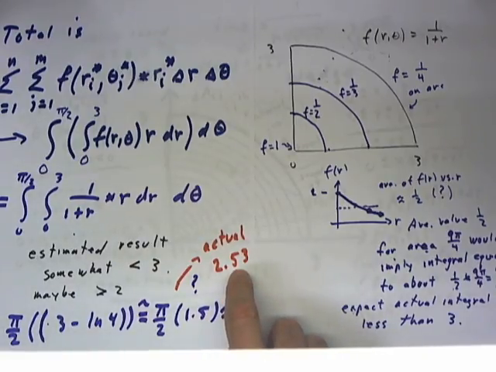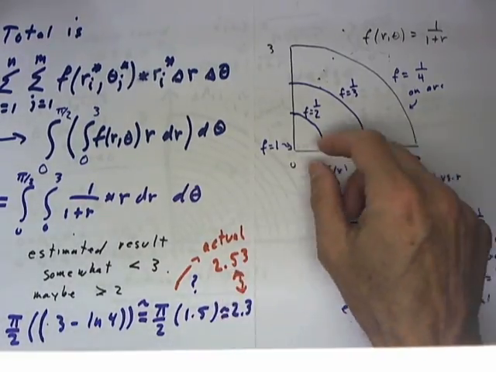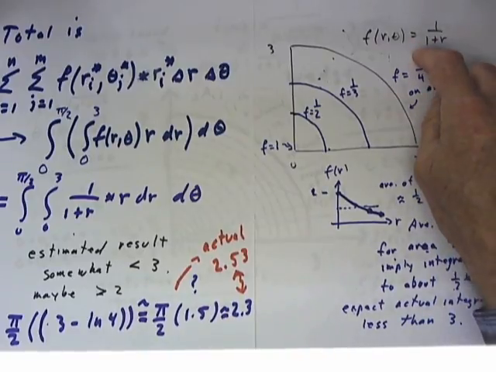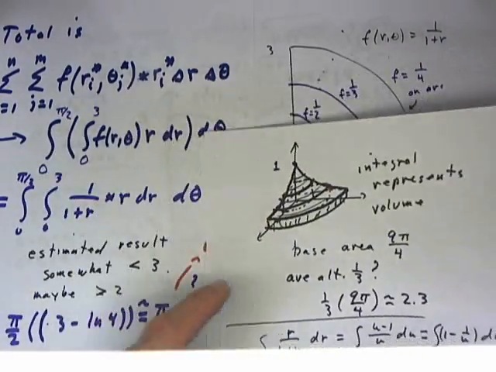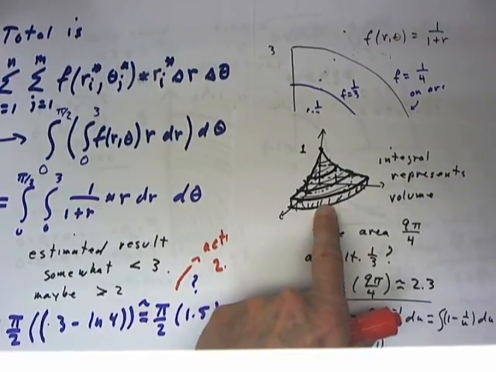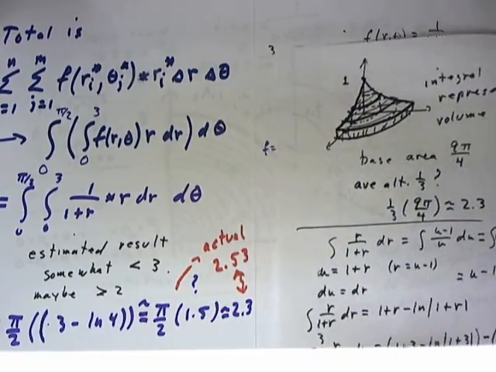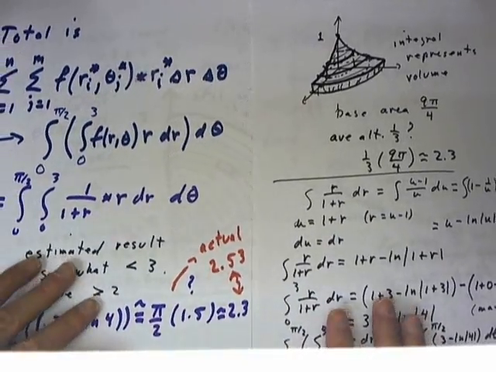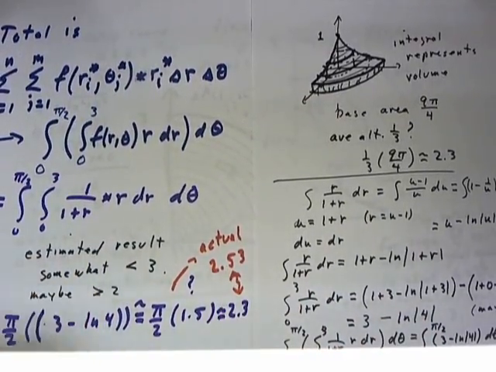This would be the mass of the region having this density. It would be the volume of the figure that we've sketched here. Accurate to 3 significant figures.